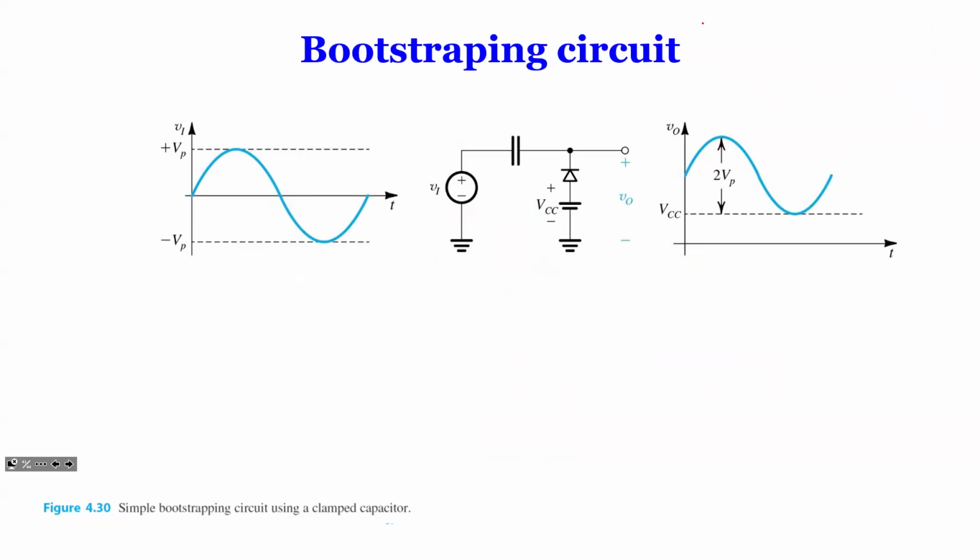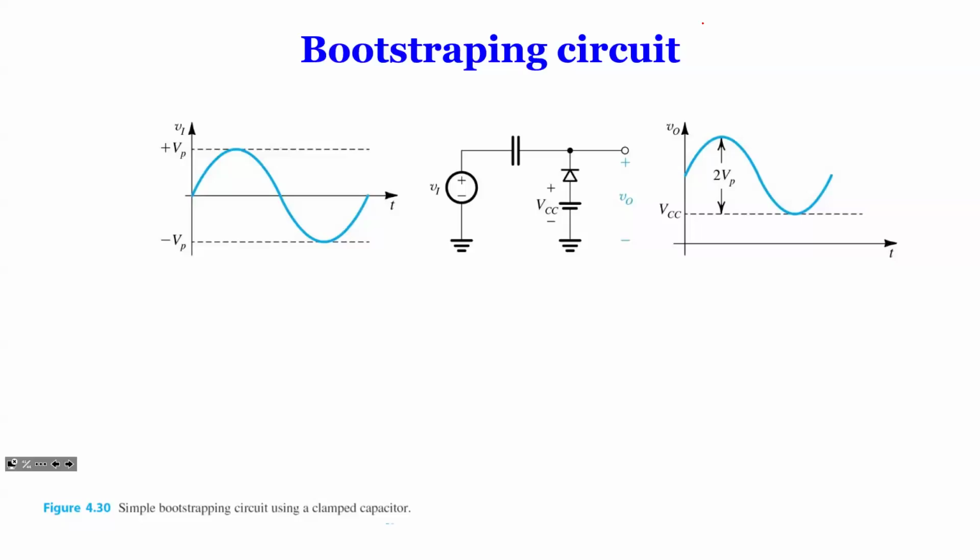Okay. Similarly, this is a circuit similar to the previous circuit, but they call it bootstrapping. So bootstrapping is trying to move the AC to DC. So the AC input VI on the left hand goes from negative VP to plus VP.